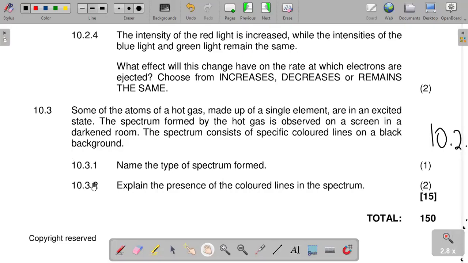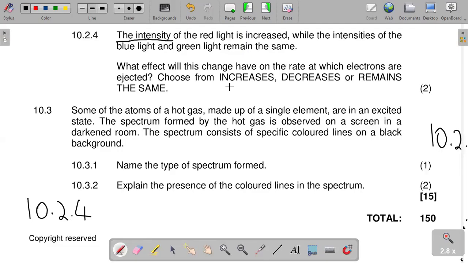So 10.2.4, what are they saying? They say the intensity of the red light is increased, while the intensities of the blue light and the green light remain the same. What effect will this change have on the rate at which electrons are ejected?